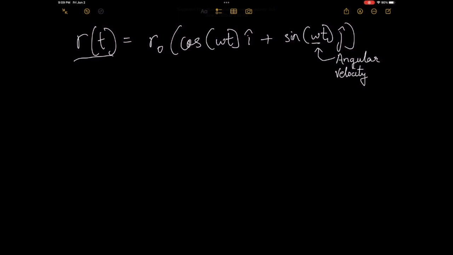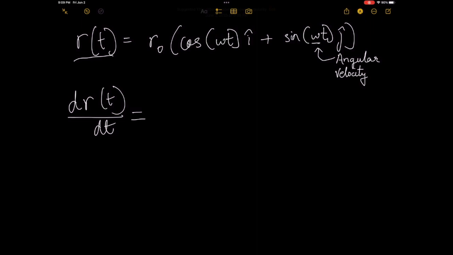And omega is the angular velocity. So to find the velocity, you simply take the derivative of the position. So dr of t over dt, you take the derivative with respect to time.